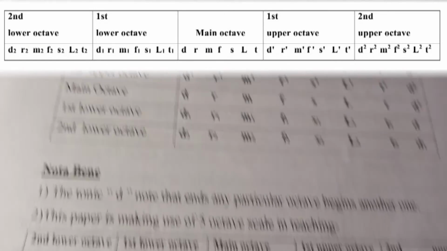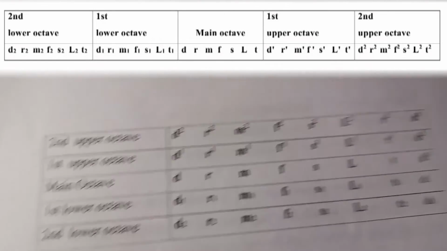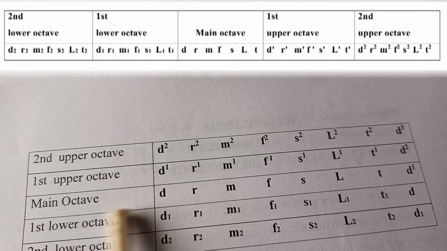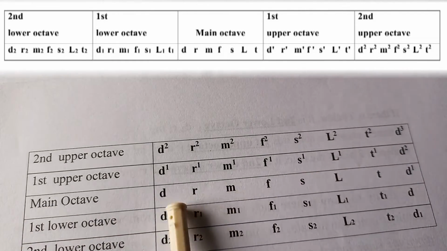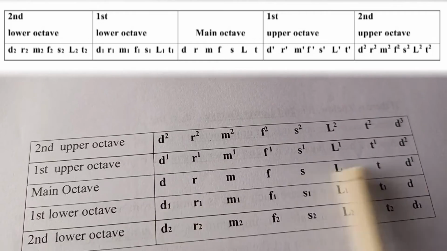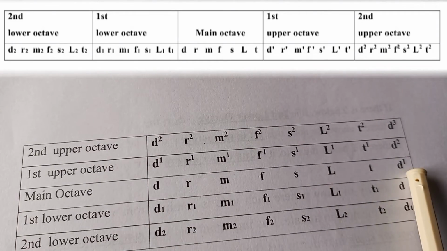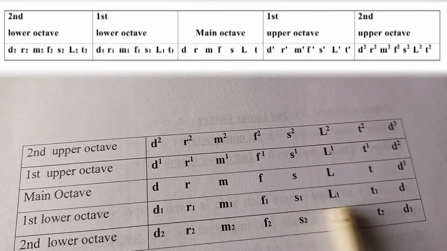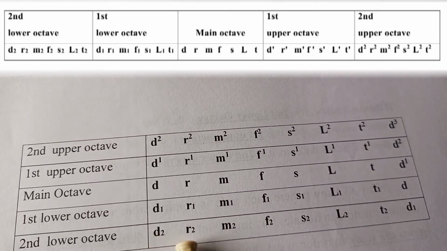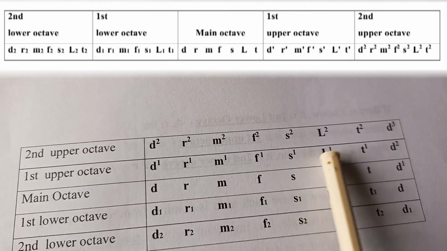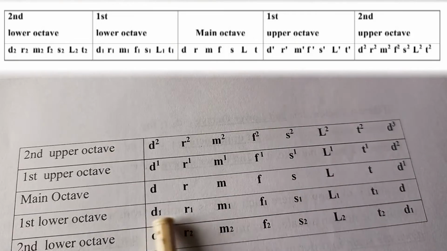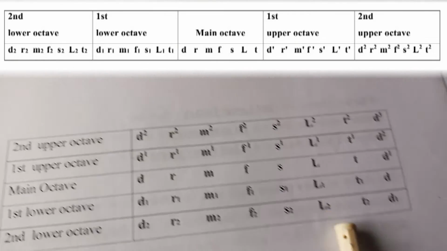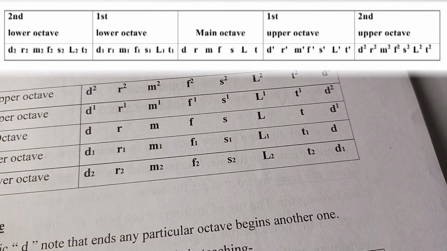If it has 1, as we did here, look at it again. The ones that don't have any sign are from main octave. The one that ends it starts another one. The one that has 1 on top of it is called first upper octave. 1 below it is first lower octave. We'll still explain them more.